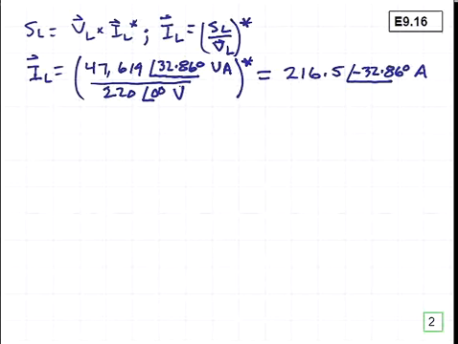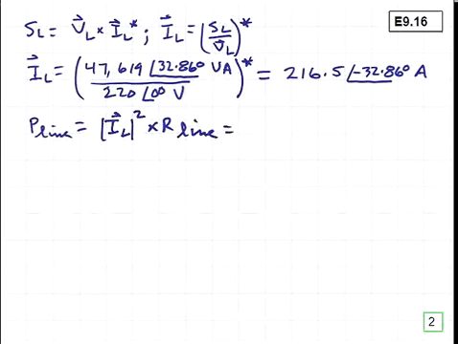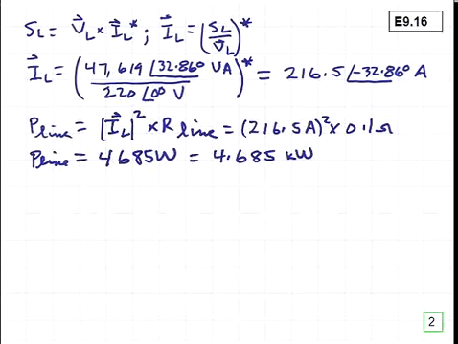Now we can use this current information to calculate the power associated with losses in the transmission line. The power dissipated in the line is equal to the magnitude of the line current phasor squared times the resistance associated with the transmission line, or P line is equal to 4.685 kilowatts.